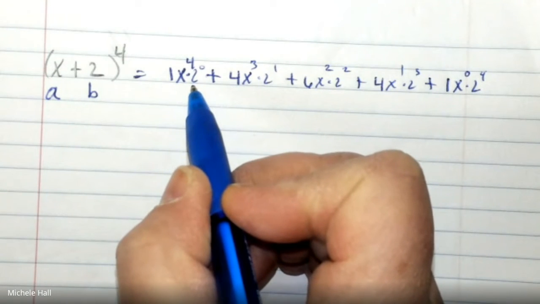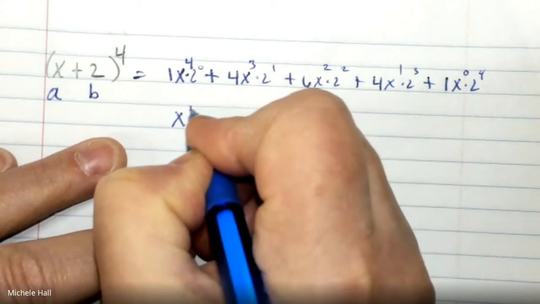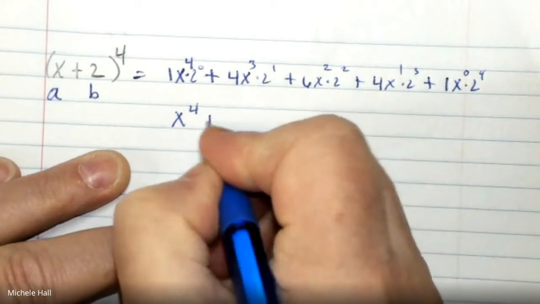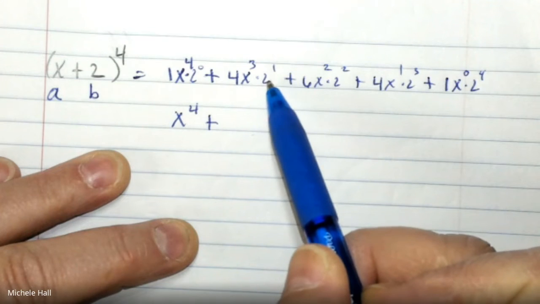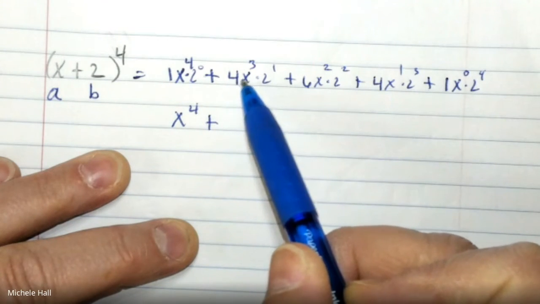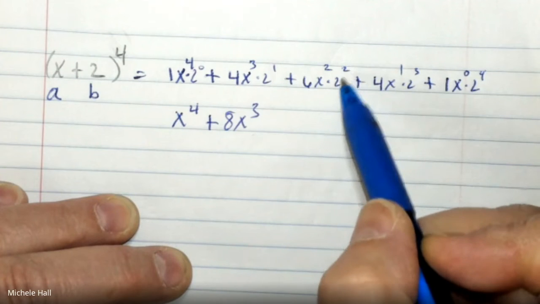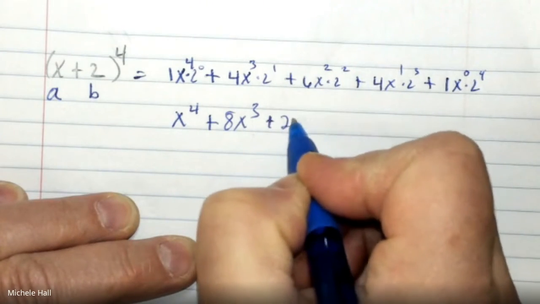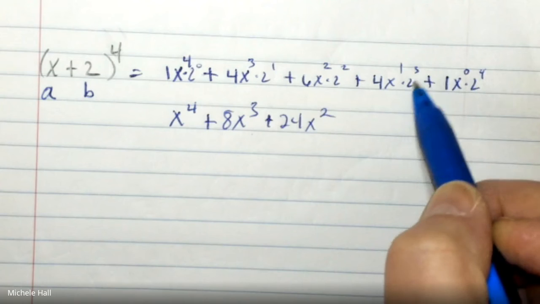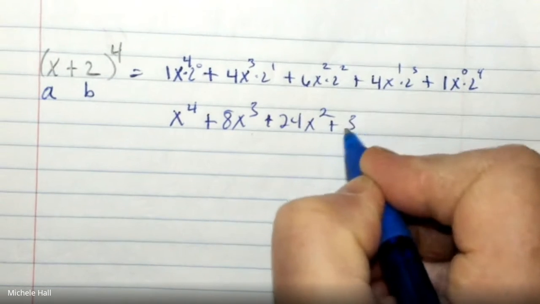What's 2 to the 0? 1 times x to the 4th is just x to the 4th. 2 to the 1 is 2, times 4, times x cubed. 2 squared is 4, times 6, times x squared. 2 cubed is 8, times 4, 32x.